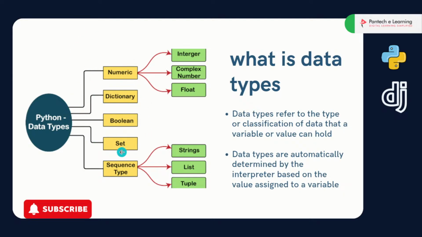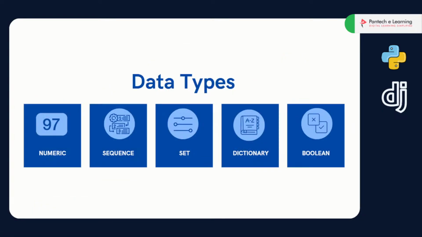These are the types of data: numeric, sequence, set, dictionary, boolean.